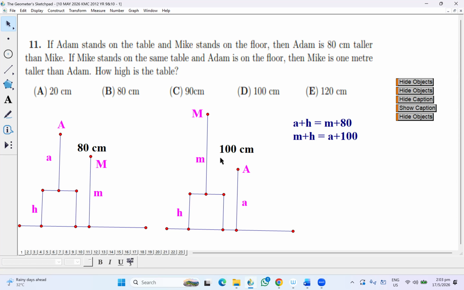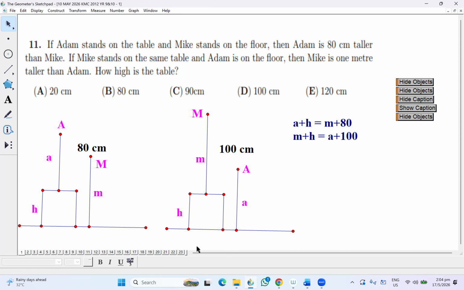Second diagram, Mike plus height of table equals Adam plus 100 cm. So we have Mike, Adam, and table: 3 unknowns, 2 equations only. Sometimes like that, we still have a chance to solve, if we observe the equations carefully.